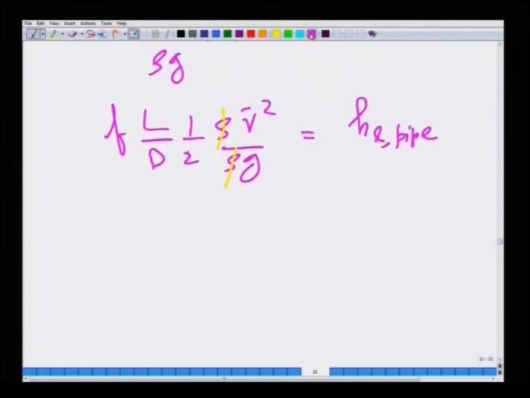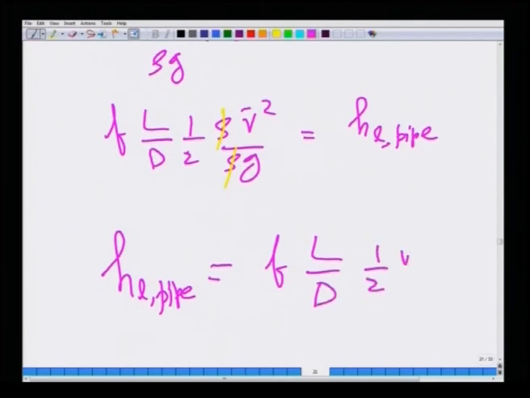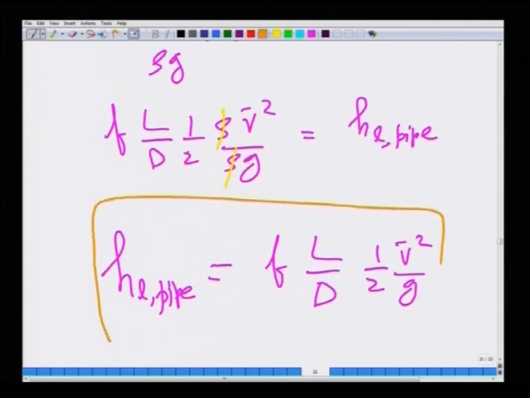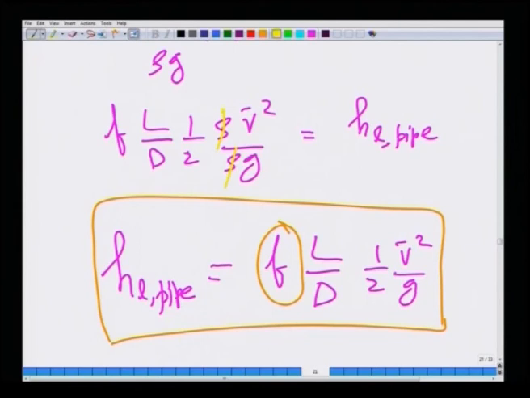So, H_loss in the pipe for a straight section of a pipe is simply f times L divided by D times half V squared by g. If you give me the friction factor as input, I can tell you what head loss will happen when fluid is flowing in the straight section of the pipe.